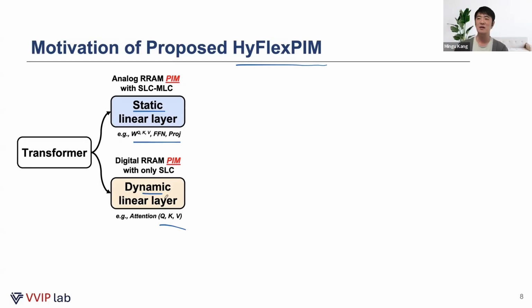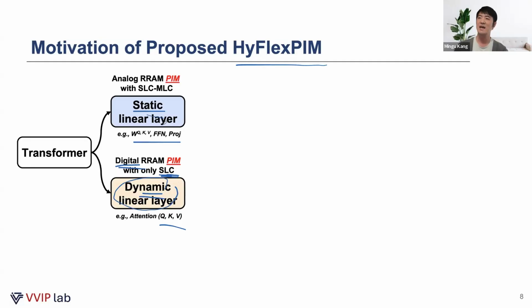For the dynamic linear operations, we employ simple single level cell digital PIM operation. Why? Mainly to leverage very fast and cheap writing operation. Earlier, I commented that multi-level cell writing is very, very slow, very painful. Verify read operation, multiple writing operation. So instead of that, mainly because of simple writing operation, we employ the digital SLC PIM for dynamic.